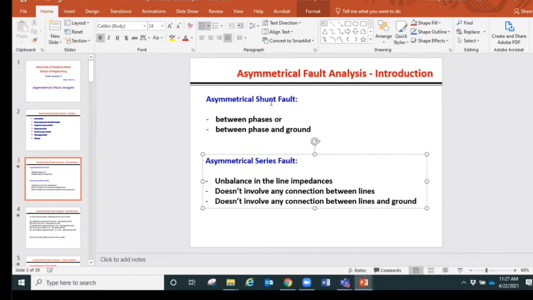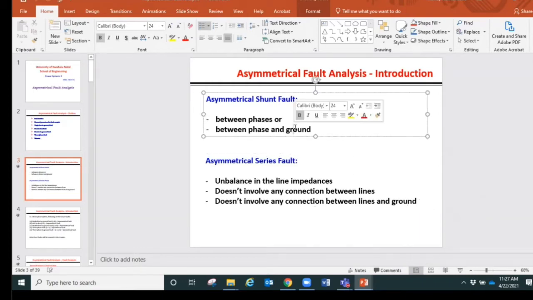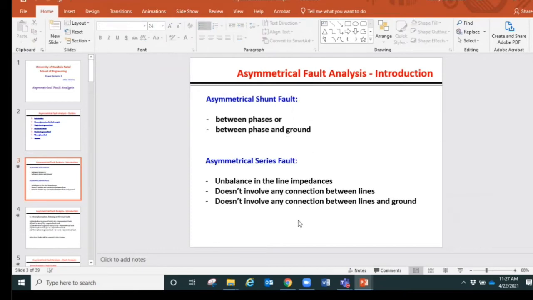That will give rise to shunt fault. It does not involve any connection between line and ground. If a line or a phase is grounded, then it's going to be a shunt fault, not a series fault. Series faults come from breaking of a line, or a change in impedance of the line of one of the phases.